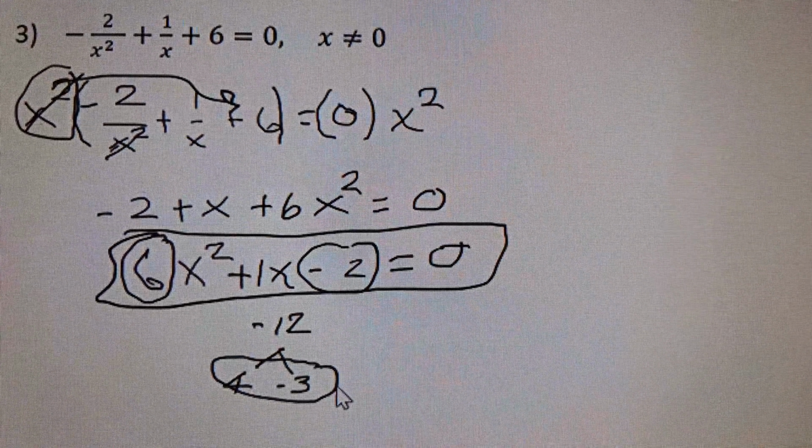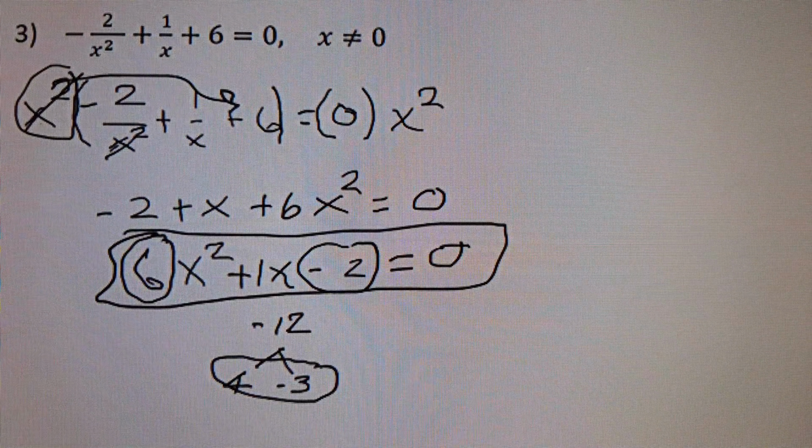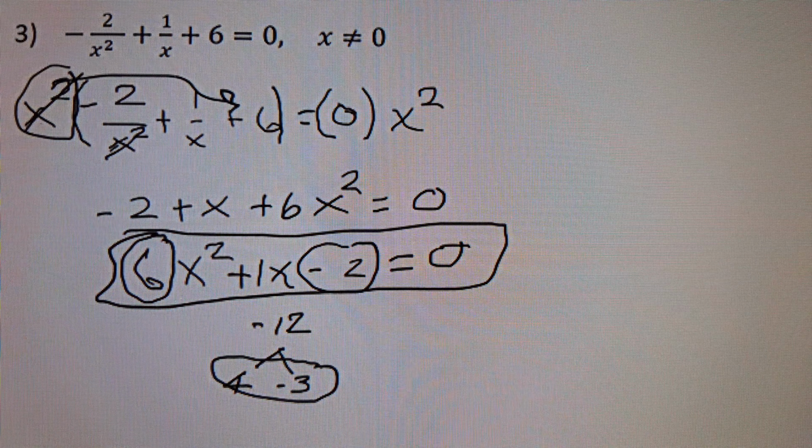Let's continue on the next page. So what did we have? We had that the factors that we are going to be using are 4 and minus 3. So x is going to be equal to 4. Since it is positive, it's going to be negative.